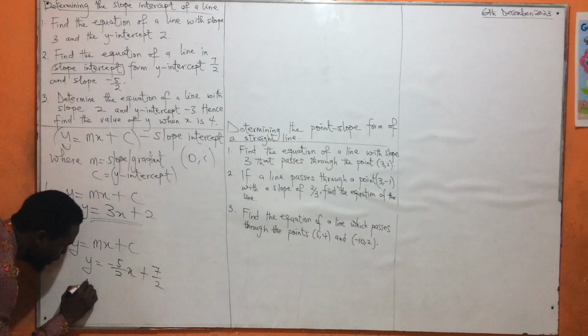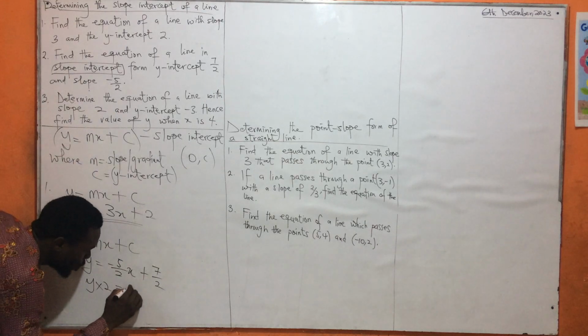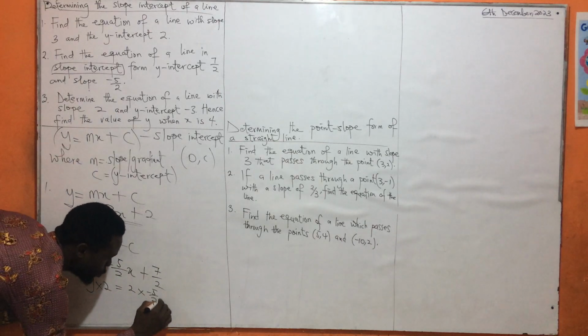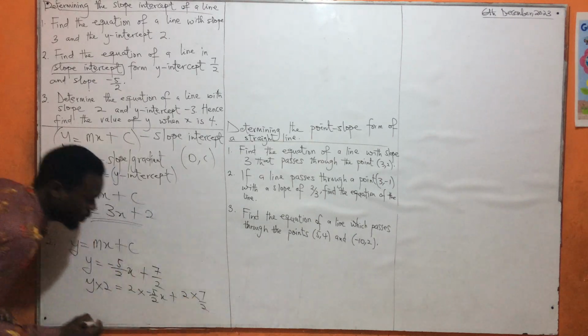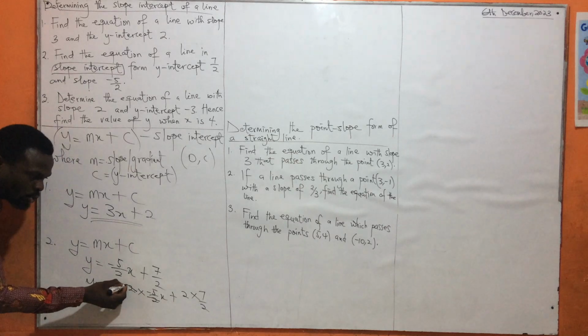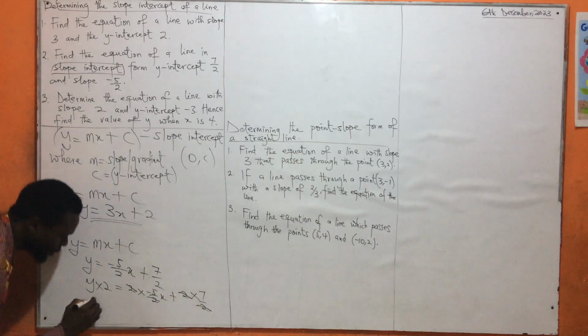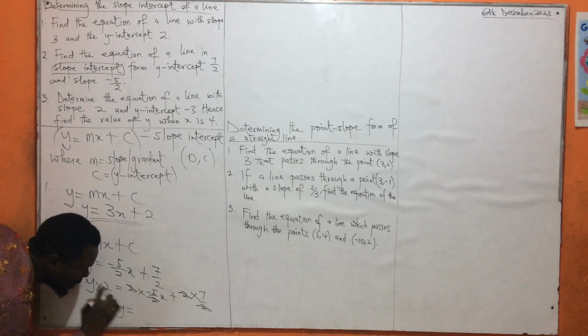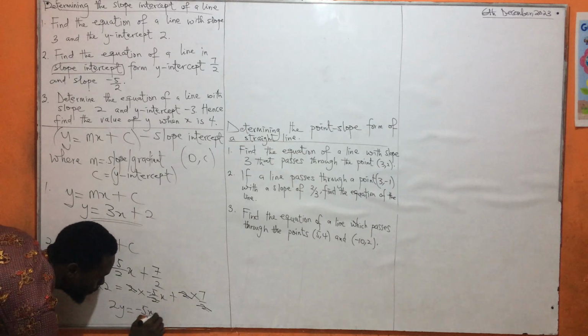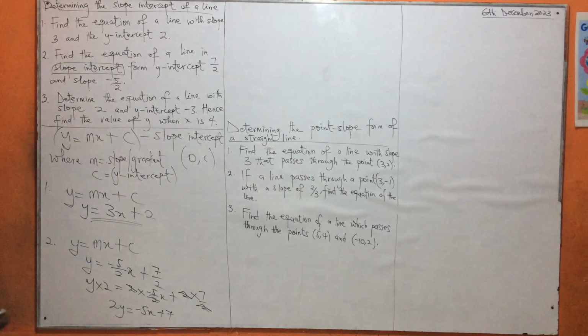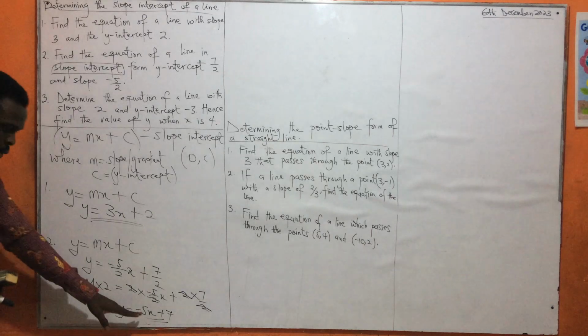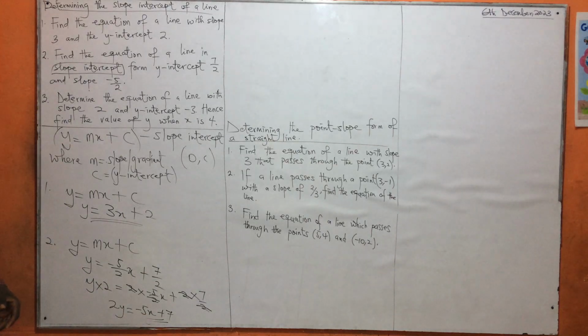So y times 2 is equal to 2 times negative 5 over 2x plus 2 times 7 over 2. The 2s cancel, and then we have 2y is equal to negative 5x plus 7. So this becomes the equation of the line.